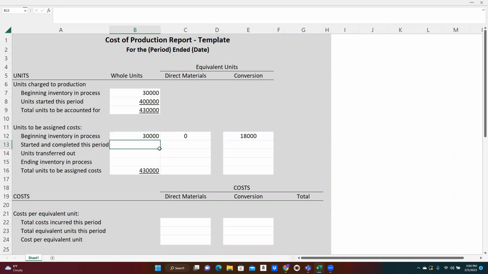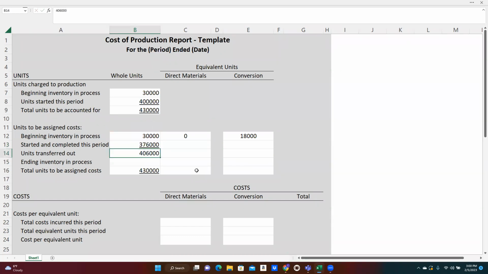Now we can see on the credit side of that T account in the exercise that 406,000 units were transferred out to finished goods. Of those 406,000 units, 30,000 were already in beginning inventory.